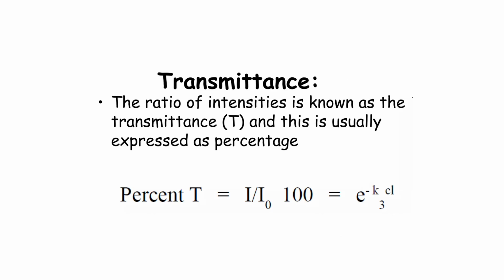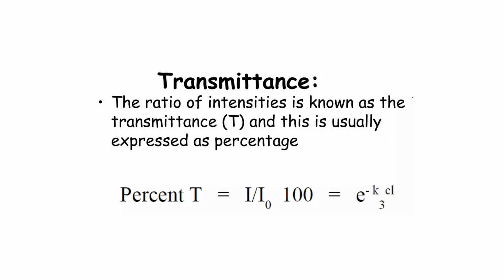So transmittance is defined as the ratio of intensities of light and is usually expressed as percentage. It's generally the percentage of light that comes out of the solution other than the light that is absorbed by the solution. So the percentage transmittance is equal to I divided by I0 into 100.